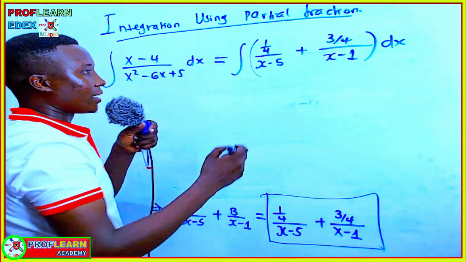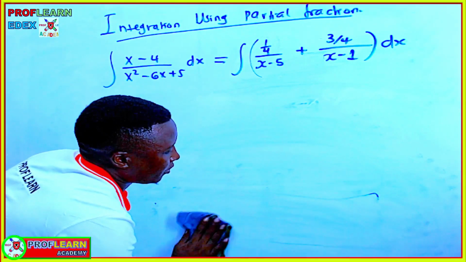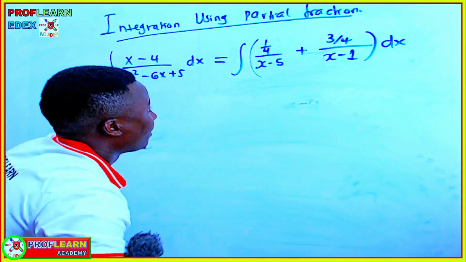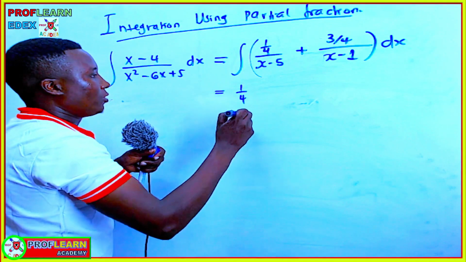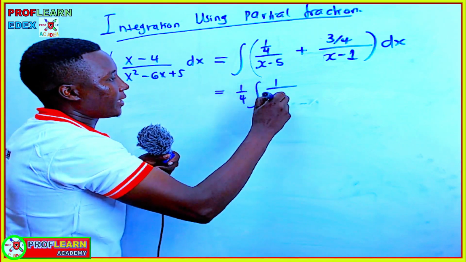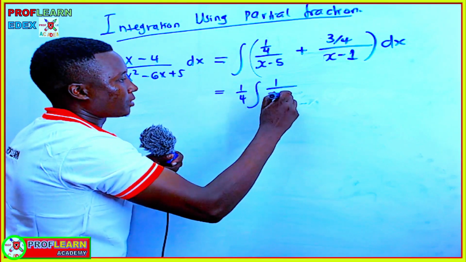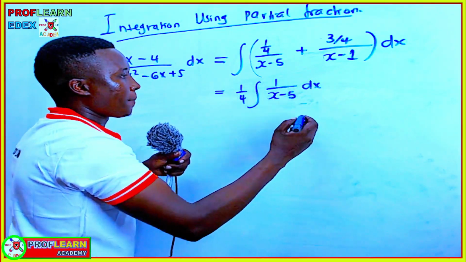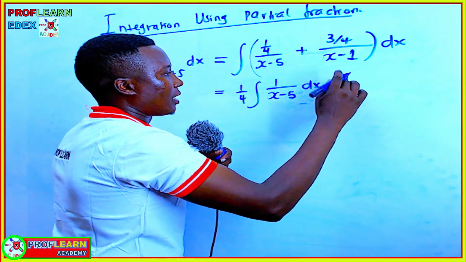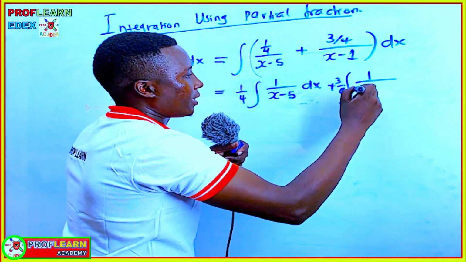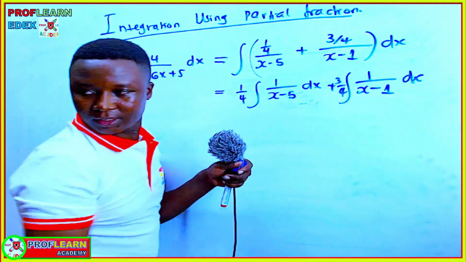So we are going to integrate term by term, and of course you need to remember, you take 1 over 4 out, and integrate 1 over x minus 5 with respect to x, then plus integrating 3 over 4 out, you will have 1 over x minus 1, with respect to x there.